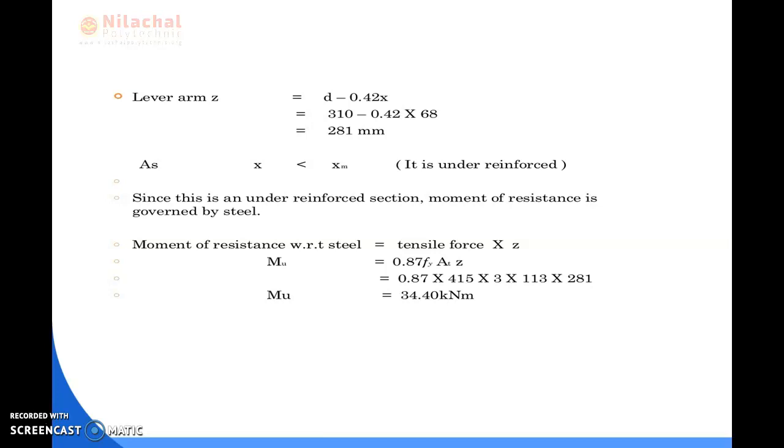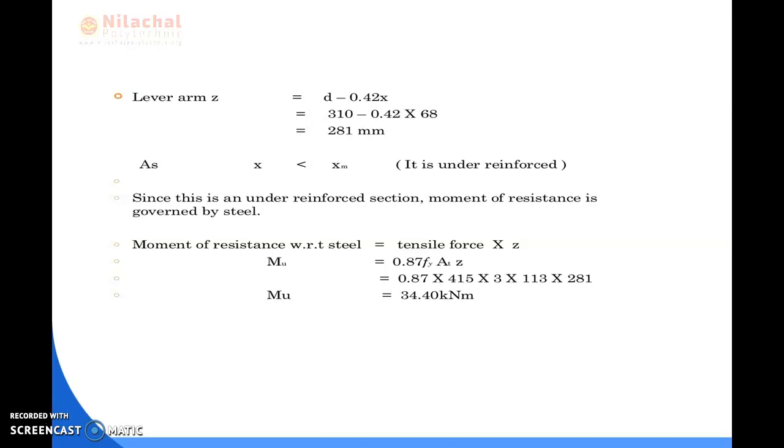We take x as the neutral axis, which we found by equating the tension force and compression force equations. So the value is 310 minus 0.42 into 68, which is equal to 281 mm. Here x is less than x max, or x limit, so it is an under-reinforced section.